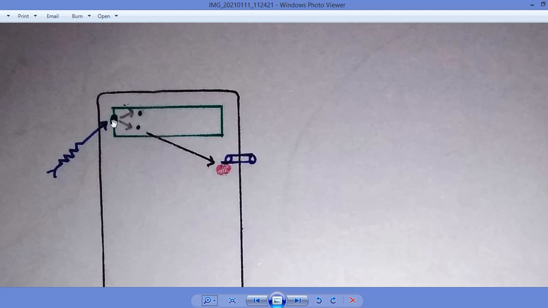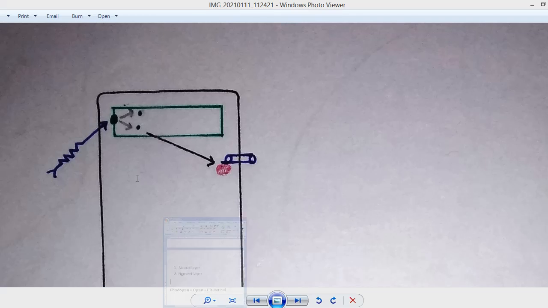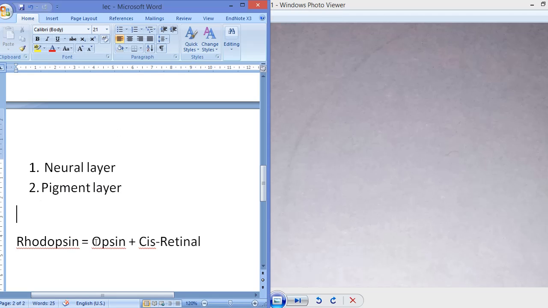When the cis form of the retinal is converted into trans-retinal, the opsin is separated from this retinal.